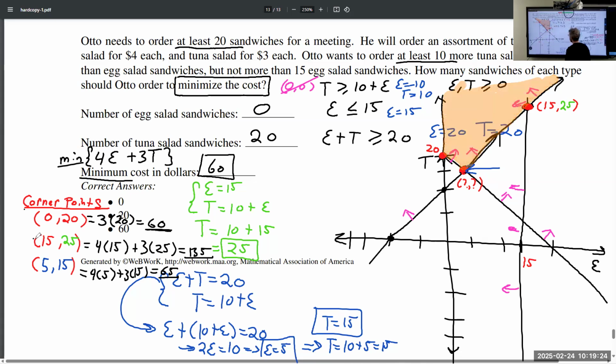And that's just going to keep going. That just keeps going up, up, up, up, up. Okay, so you can continually buy sandwiches. You could buy sandwiches forever, but that would not minimize your cost, but it would meet the other boundaries, okay? So I guess you could buy an infinite amount of tuna sandwiches, but it wouldn't minimize cost.